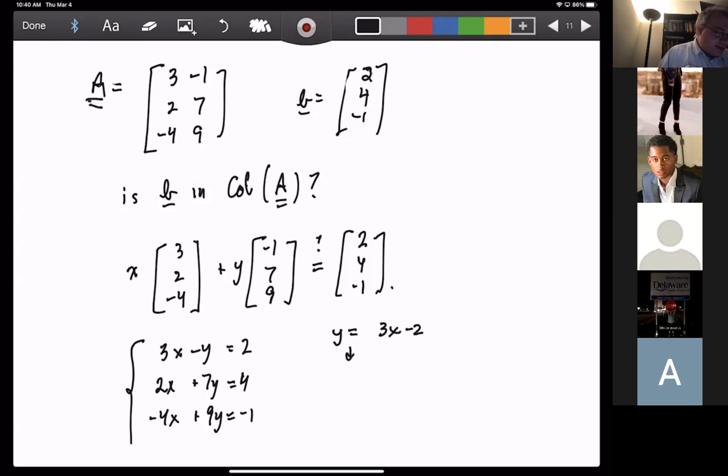If I use that in the second equation, 2x plus 7y, so 7 times (3x minus 2), is equal to 4. 7 times 3 is 21, plus 2 is 23x. 7 times 2 is 14, so I move 14 to the other side, plus 4 is 18. x would be 18 over 23.